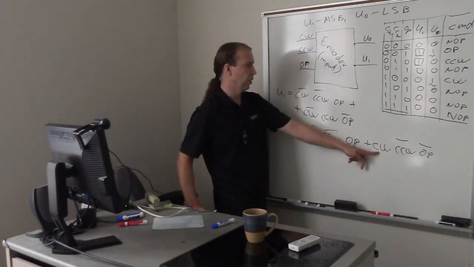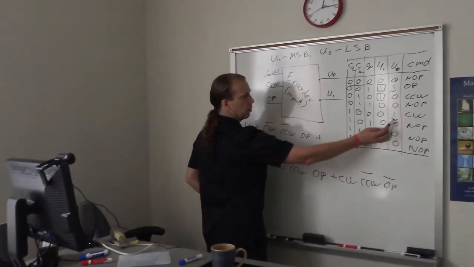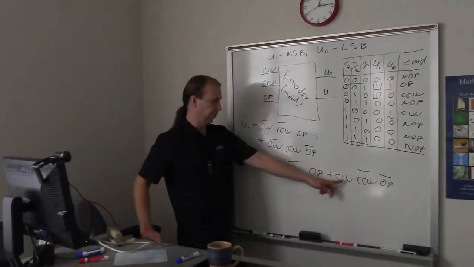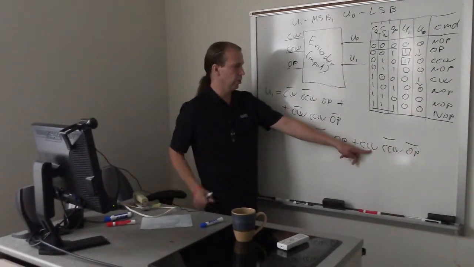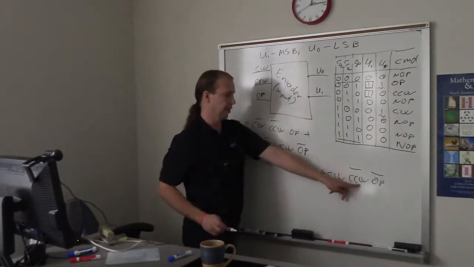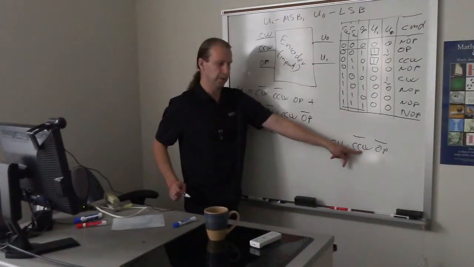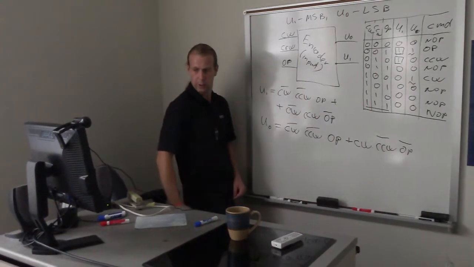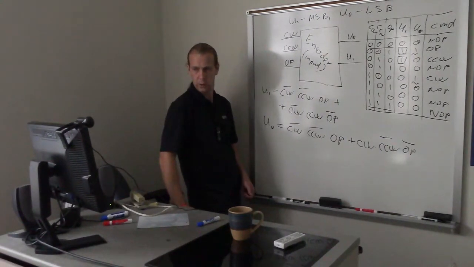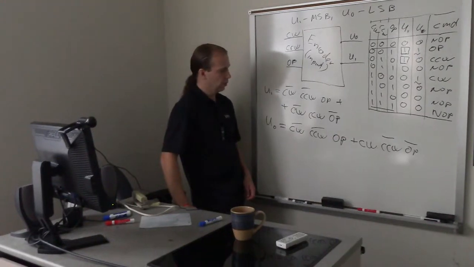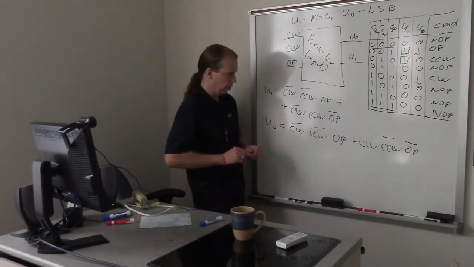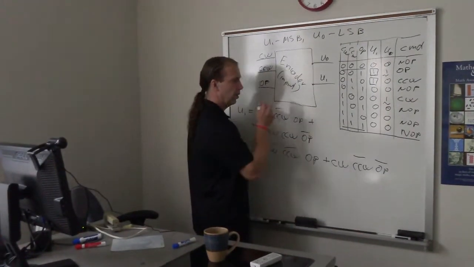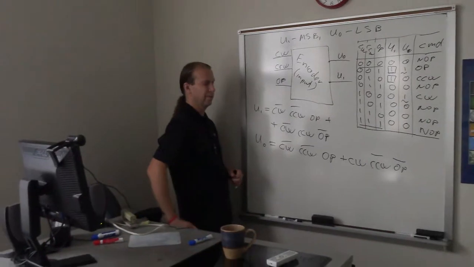But the second term is that one, which is 1, 0, 0. The first term comes without inversion to correspond to 1, and then the other two come with inversion. So CCW comes with inversion, OP comes with inversion. So the 1 is without inversion, and the 0 is with inversion.